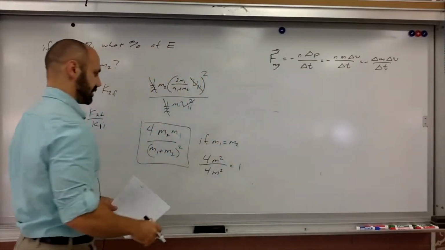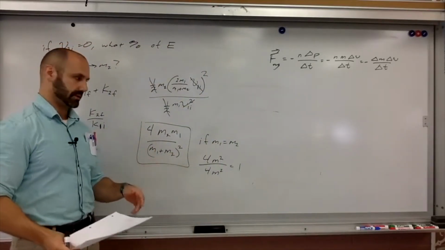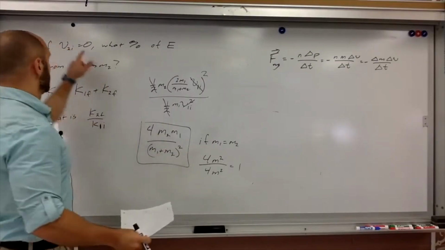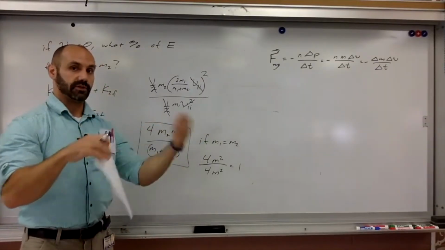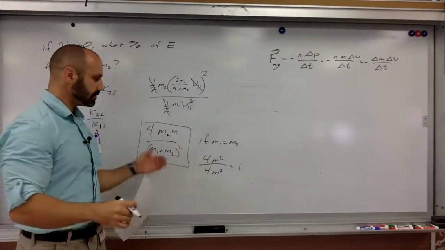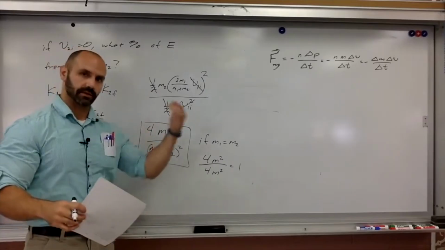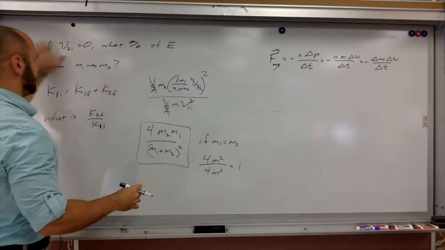That means 100% of the energy is transferred, and that's what we said before. That's the billiard ball example where they're the same mass. One of them is at rest, the other one's moving, and then they exchange velocities. So the second one is moving afterwards and the first one stops. 100% of the kinetic energy is transferred to the second one. So part F, question F is what percentage?